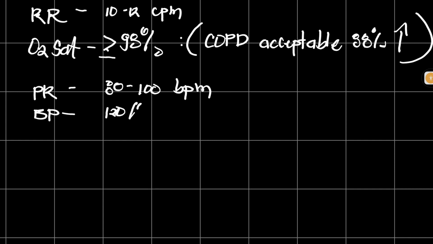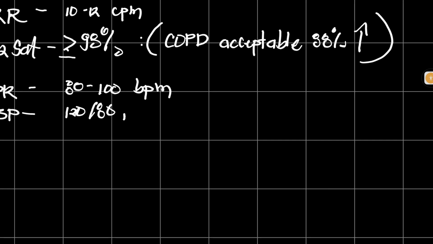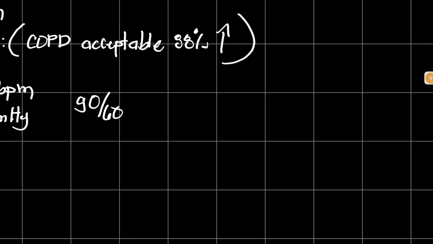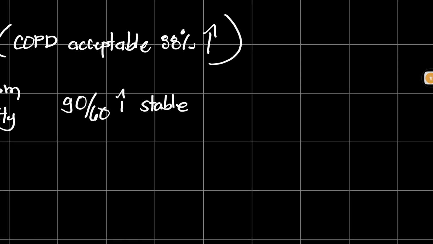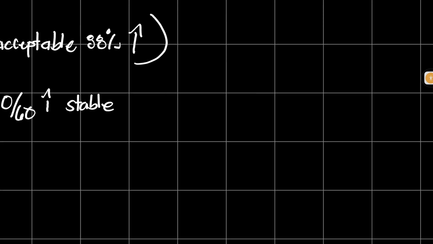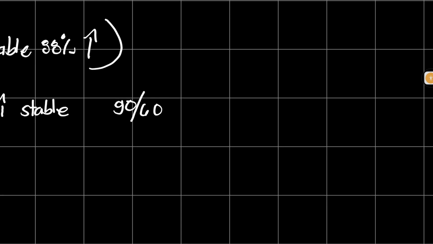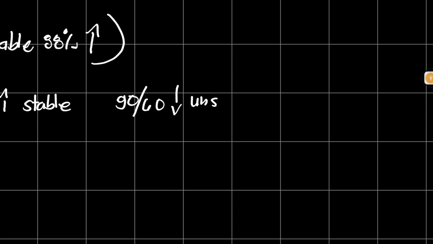Blood pressure, the ideal is 120 over 80 according sa ibang book, millimeters of mercury, but in American Heart Association, blood pressure more than 90 over 60, they consider stable. Any blood pressure less than 90 over 60, that is unstable.